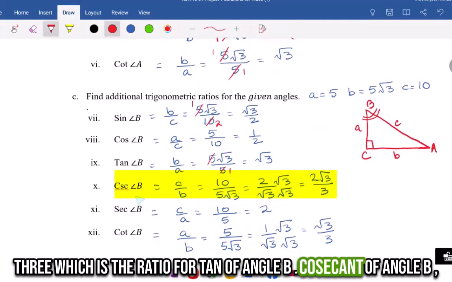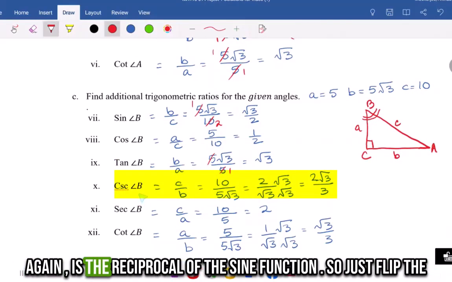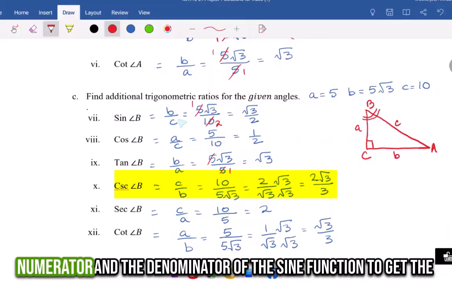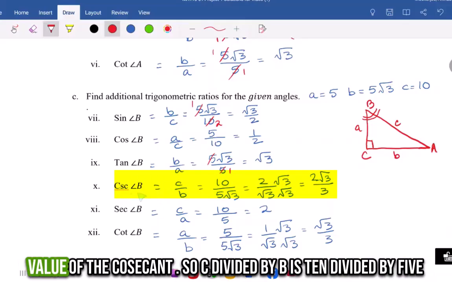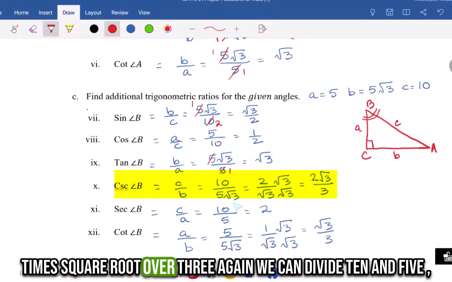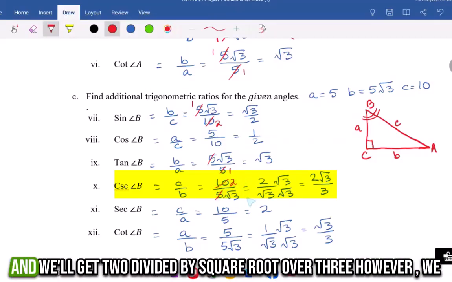Cosecant of angle B again is the reciprocal of the sine function. So just flip the numerator and the denominator of the sine function to get the value of the cosecant. So C divided by B is 10 divided by 5 times square root over 3. Again, we can divide 10 and 5 and we'll get 2 divided by square root over 3.